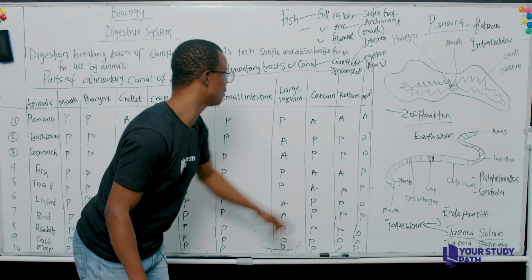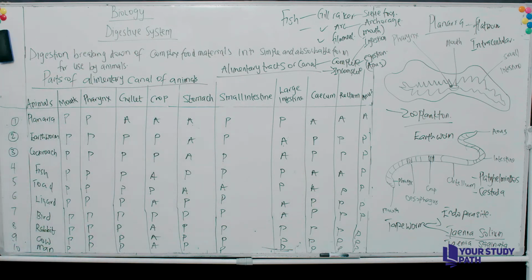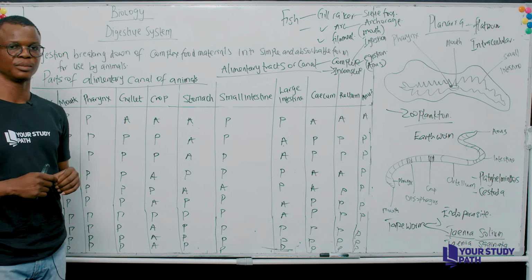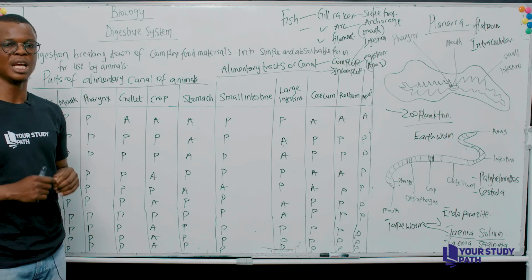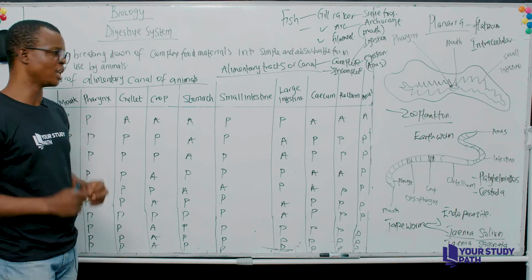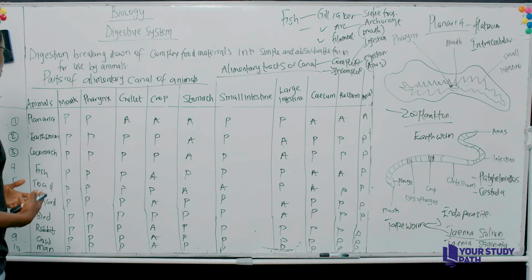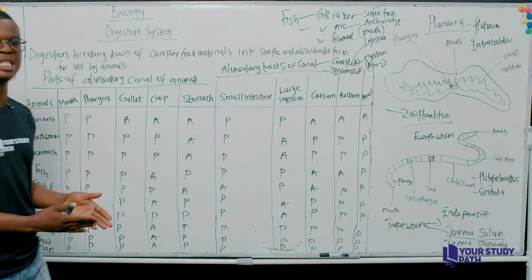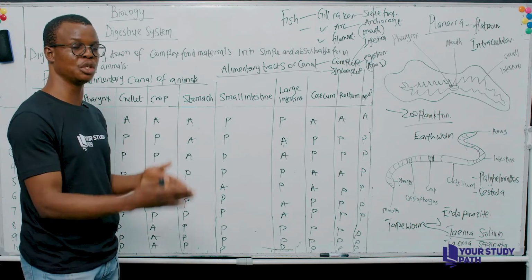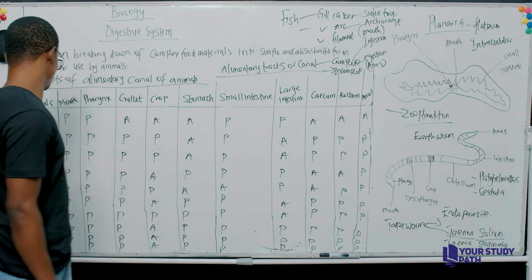It has a rectum, and it has an anus. So toad also has a complete digestive or alimentary canal, and once food moves from one region to another region in their body, proper digestion or breaking down of that food is done.